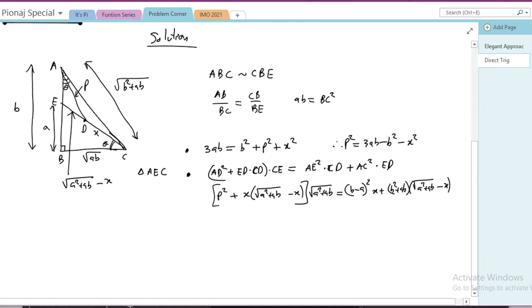Okay, so now we're just going to get a quadratic in x, so plug in P squared as 3AB minus B squared. So doing a bit of simplification, we get this.